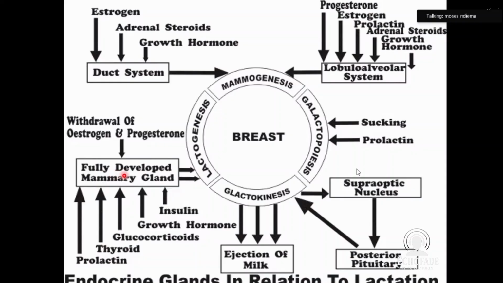So you can see that the hormone prolactin features in virtually a lot of the development of the mammary gland, right from the development of the ducts, maintenance of pregnancy, maintenance of lactation, throughout the breast functioning.